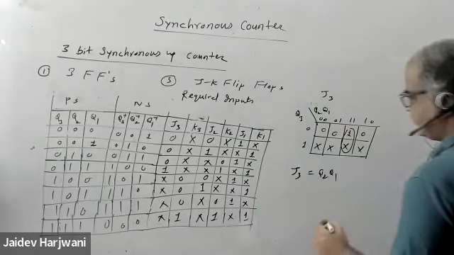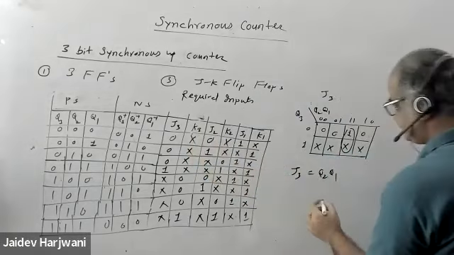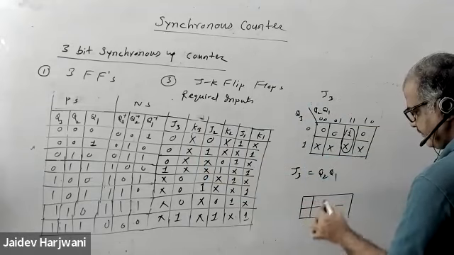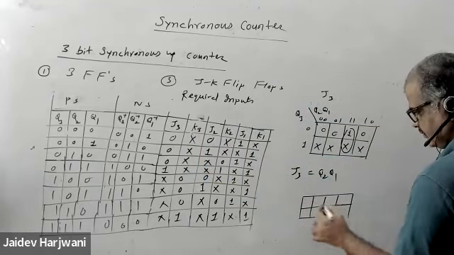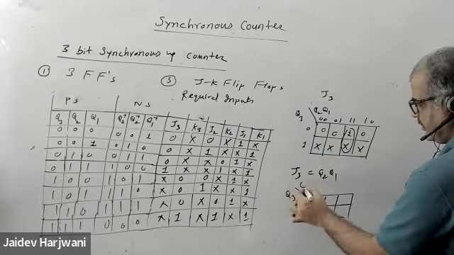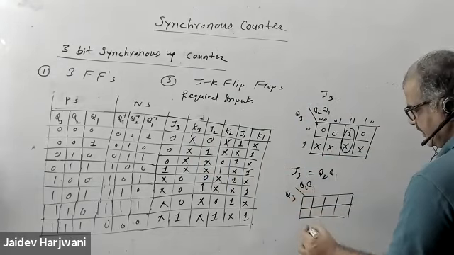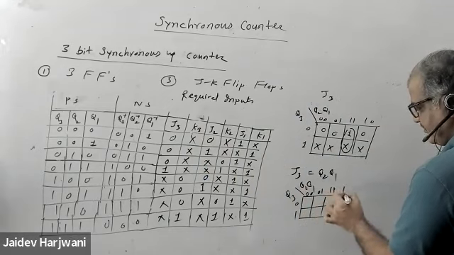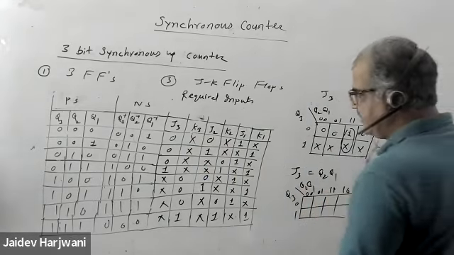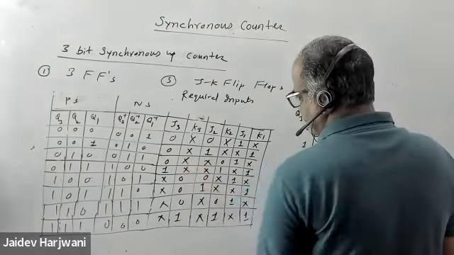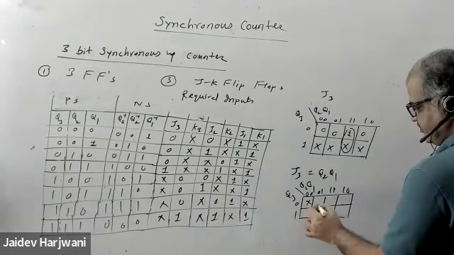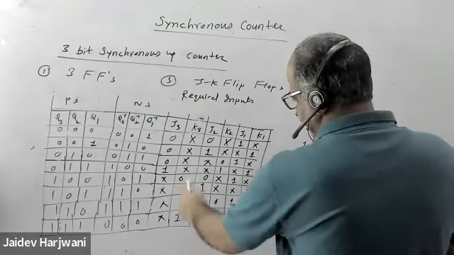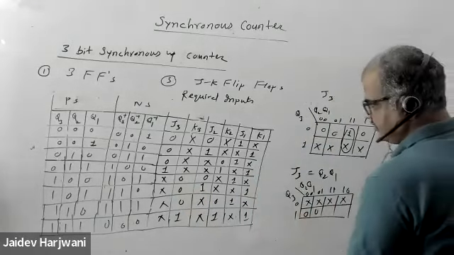Now solve for K3. Again, the inputs are the same: Q3, Q2, Q1, 0, 1, 0, 0, 0, 1, 1, 1, 1, 0. Fill the table with K3: X, X, X, X. So 0x, 1x, 2x, 3x, 4x. Then you have 4, 5, 0, 0.